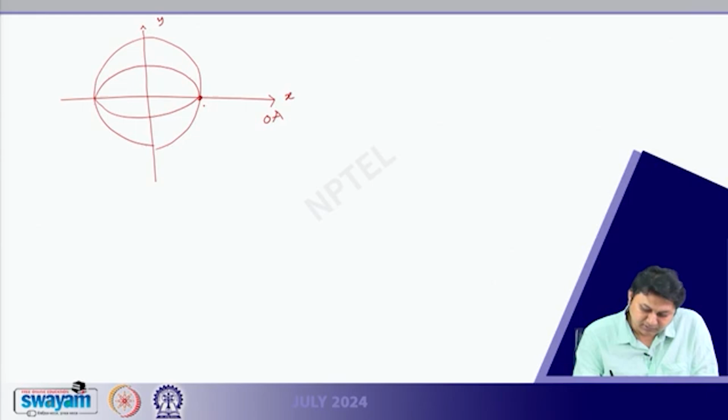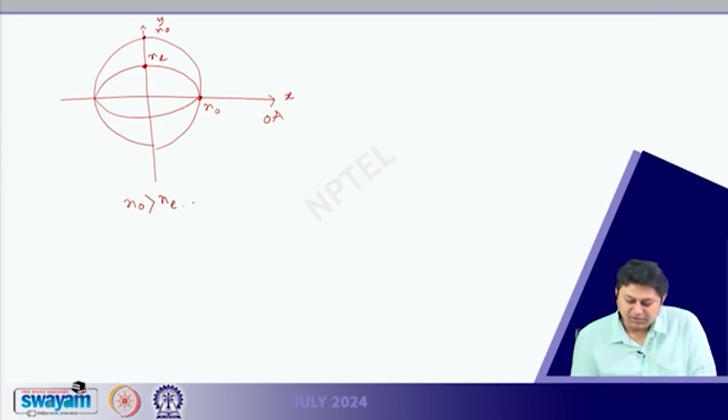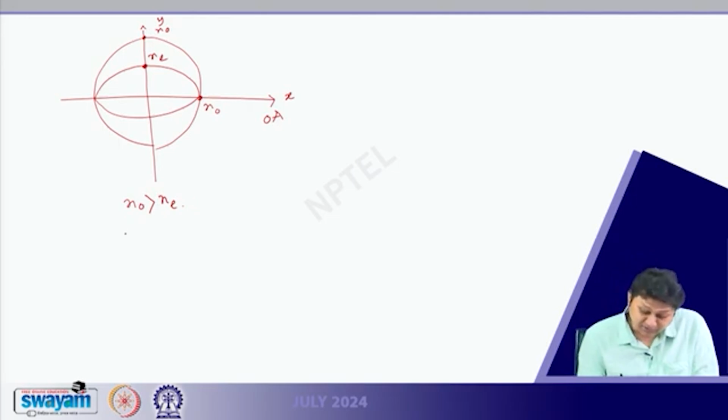So this value is n O and this value is n E. Here n O is greater than n E, that is, the refractive index of the ordinary ray is greater than the refractive index of the extraordinary ray. So the velocity of the ordinary ray will be less than the velocity of the extraordinary ray. This kind of crystal is called a negative crystal.